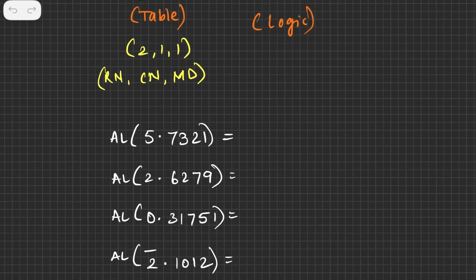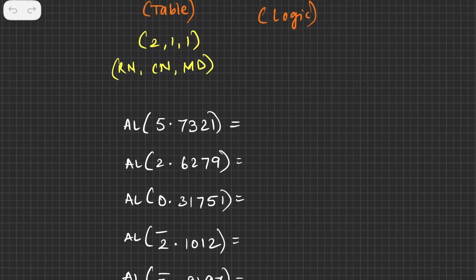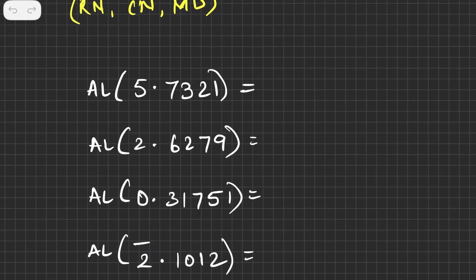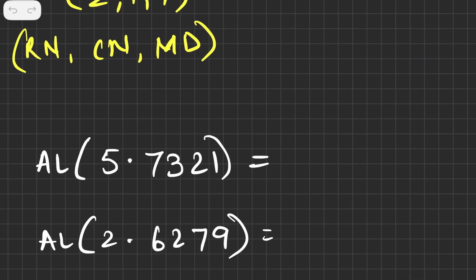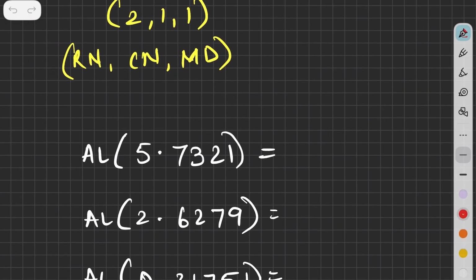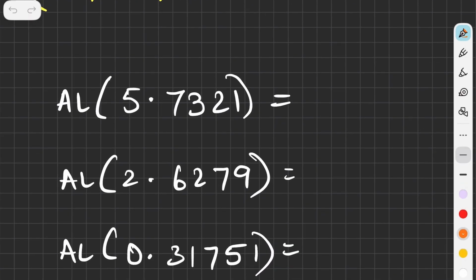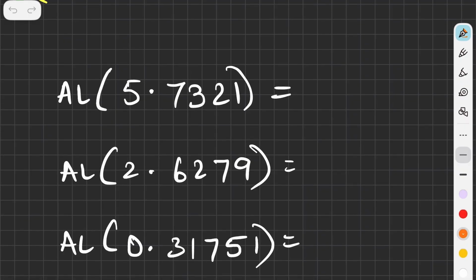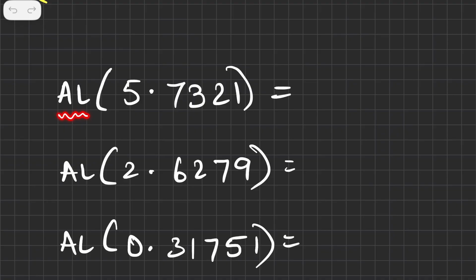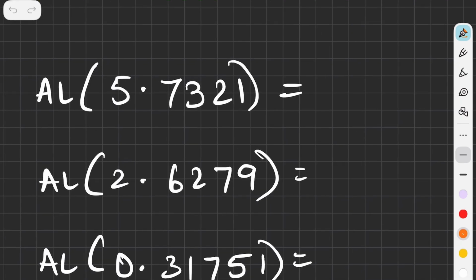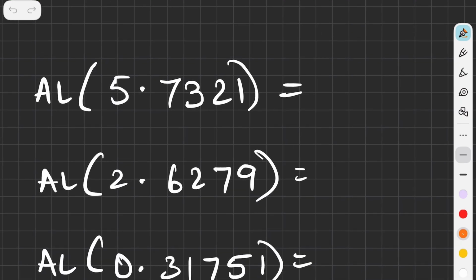Now I'll show you how to get this, and very quickly you will be able to find the anti-log of a certain number. If you want to find the anti-log of a particular number, you write AL, which stands for anti-log, and the number is 5.7321. If I wish to find the anti-log of this number, I should first find the mantissa and then treat the characteristic.